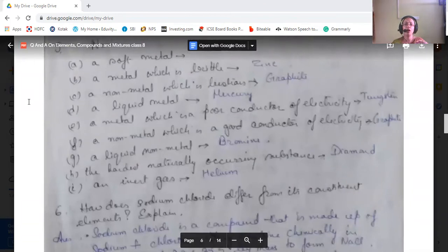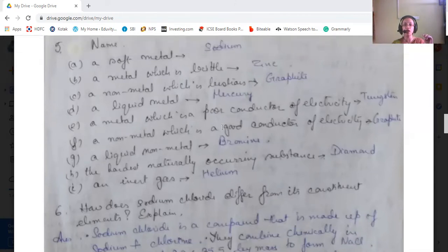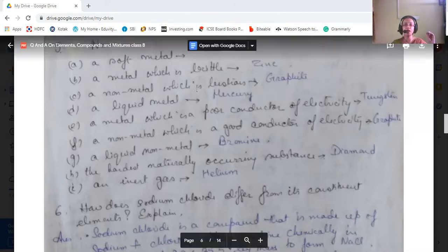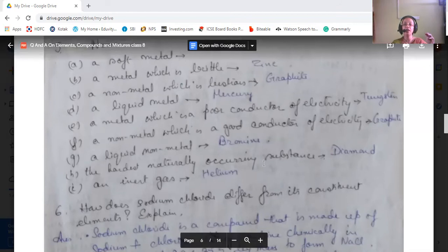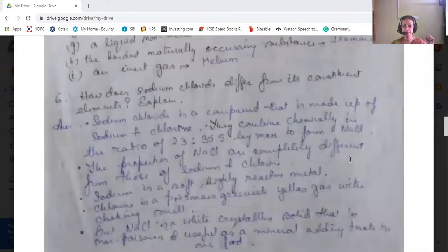Sorry, a liquid metal is mercury, and a liquid non-metal is bromine.